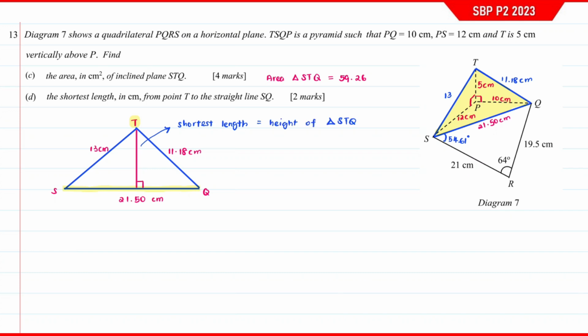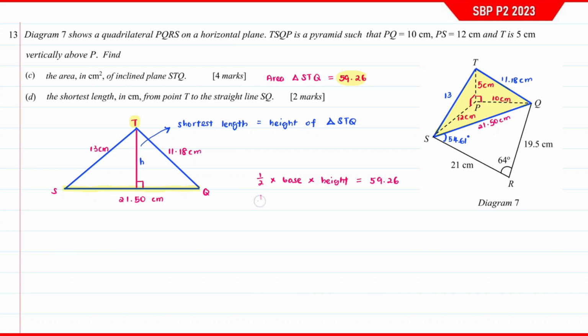Let's say I label this shortest length as H. In question C, we found that the area of the triangle STQ is equal to 59.26. So if we use another formula, 1 over 2 times base times height, the area of STQ will also be equal to 59.26.